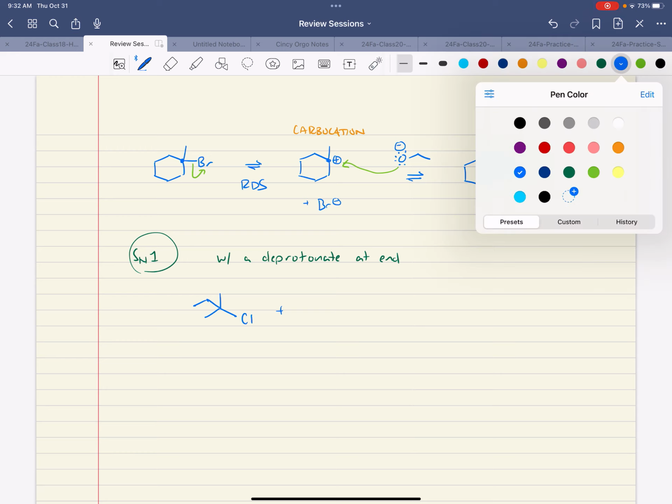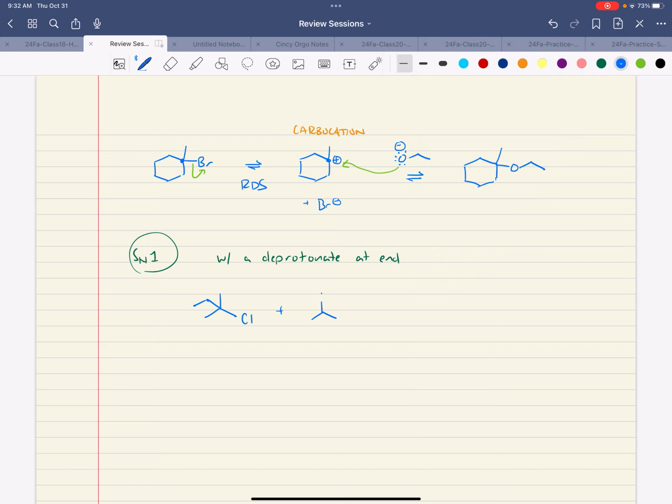It's a neutral molecule, typically with an oxygen or nitrogen. Let me use this one, OH. You're still substituting at the alpha carbon. That carbon would not be chiral, so we're not really worried about stereochemistry.